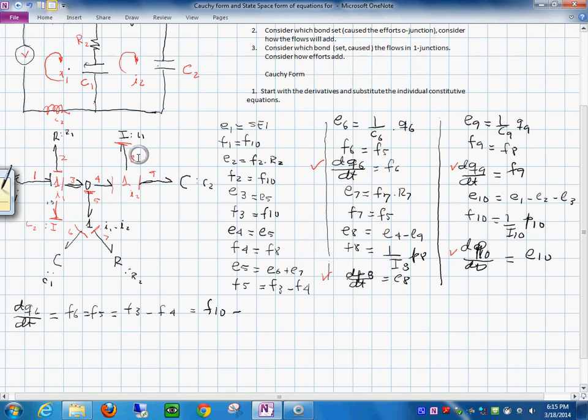F sub 4 is F sub 8. And so F10 is what? This here, 1 over, see right there, minus, okay, what's F sub 8?